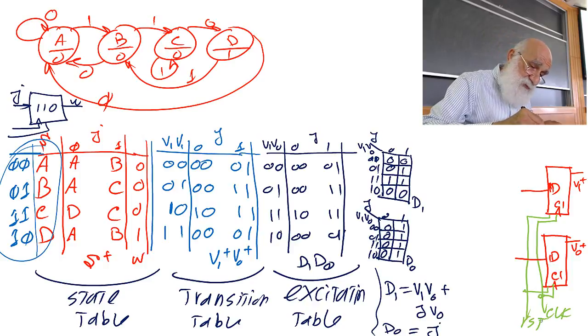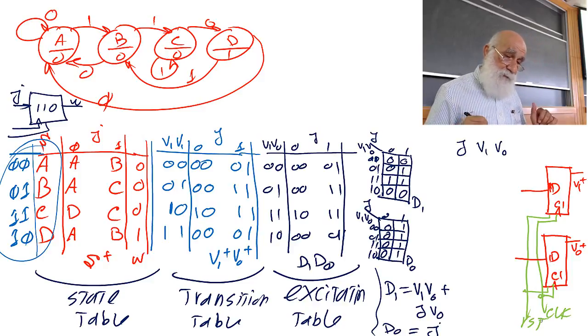This is your circuit. You have a J input, you have V1, you have V0.